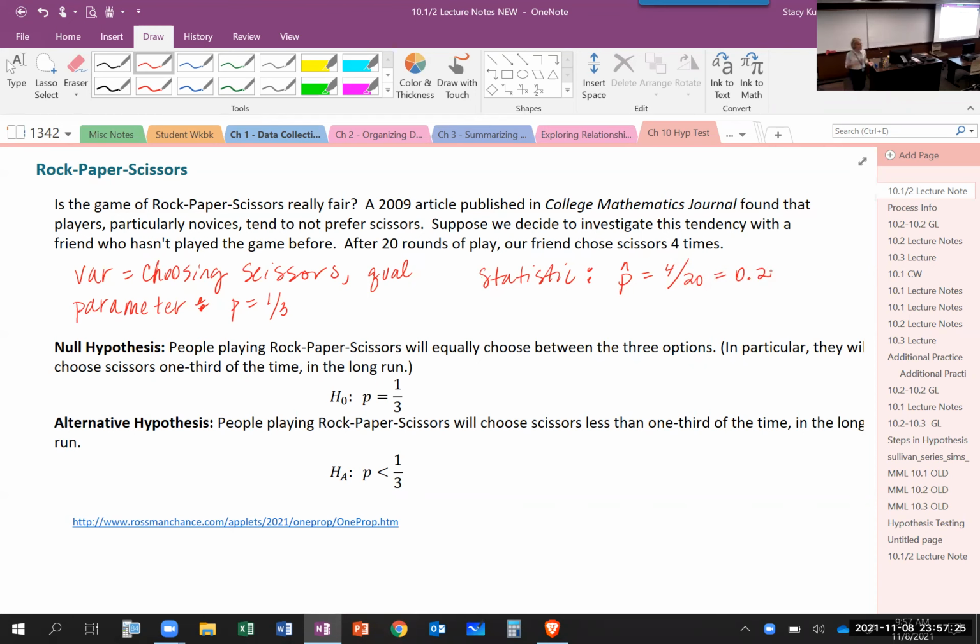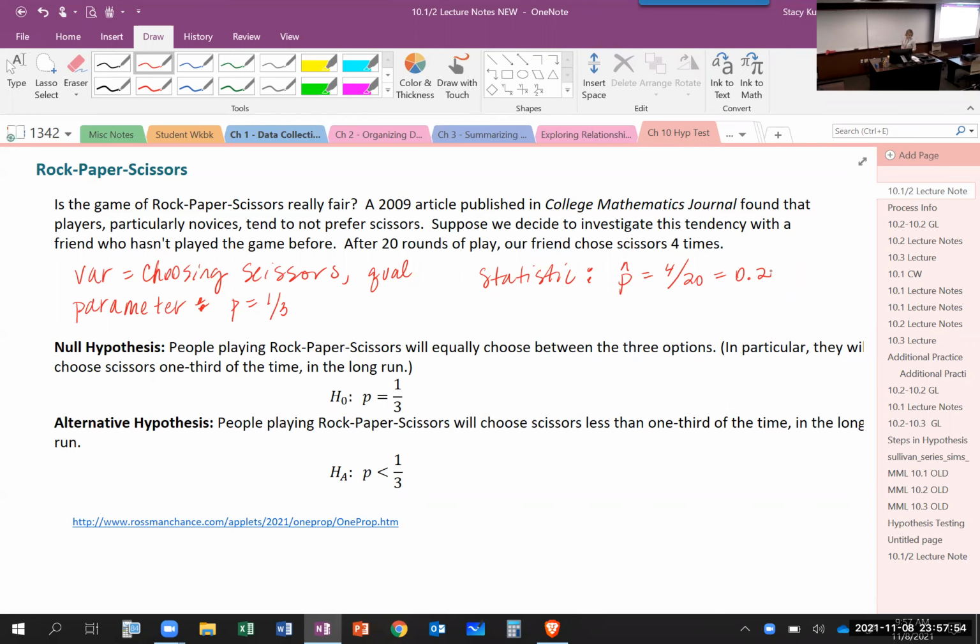We had somebody who played for 20 rounds and they chose it 20% of the time. Make sure you understand the difference. The long run probability of choosing scissors is 33%. 20% represents what happened in one particular experiment, one particular trial.